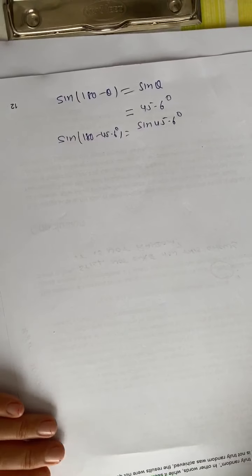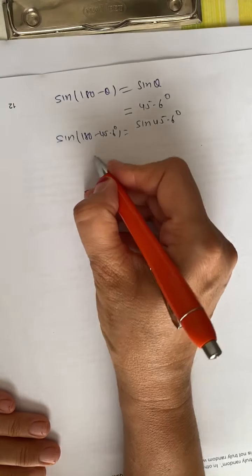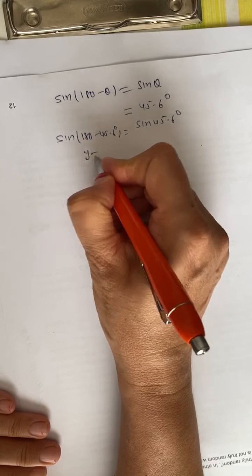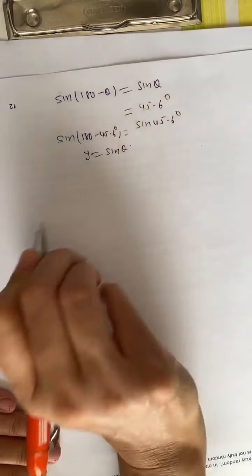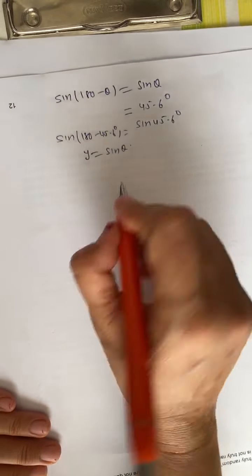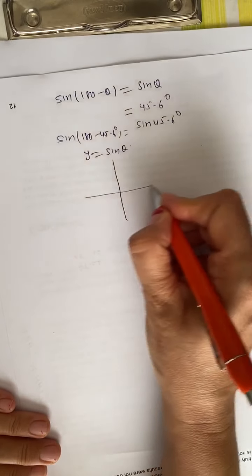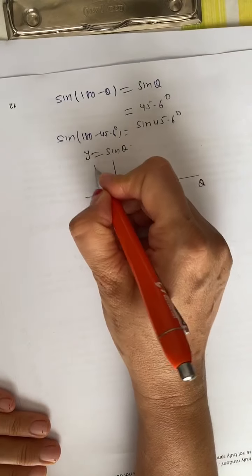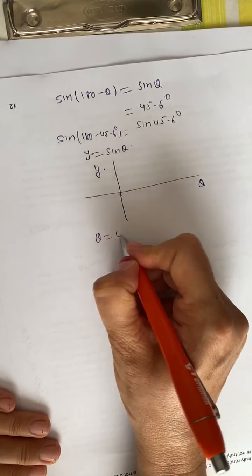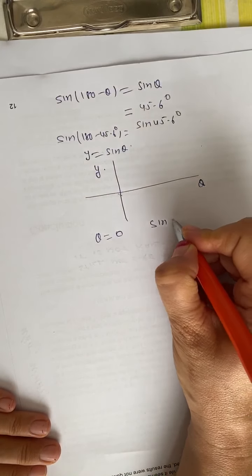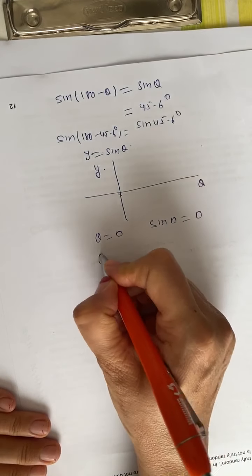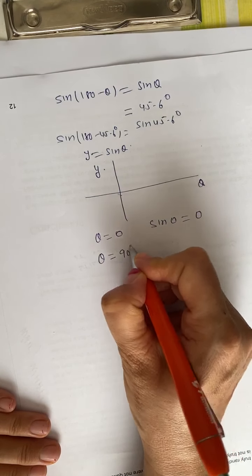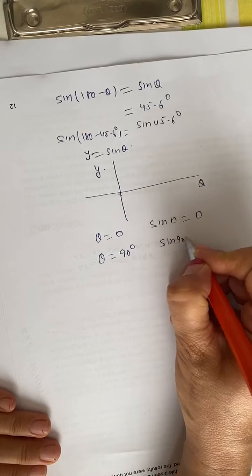So what we can do is draw a graph of y equals sine theta, but I'm going to use only 3 values right now. Let's say theta is here and y is here. When theta is 0, you can use a calculator to find that sine 0 is 0. If theta is 90 degrees, sine 90 is equal to 1.